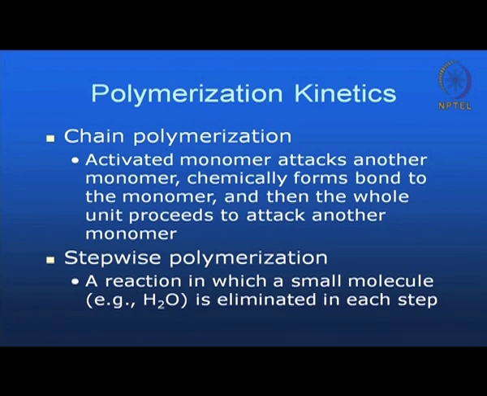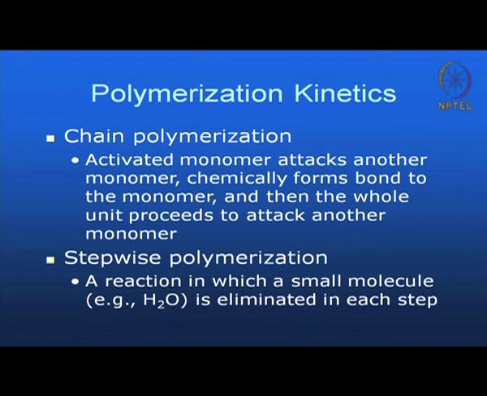Then this whole dimer again acts as a reactant to attack the third monomer to produce a trimer, and so on. In this way, monomer becomes a dimer, dimer becomes a trimer, trimer becomes a tetramer, and it will continue for a long time.